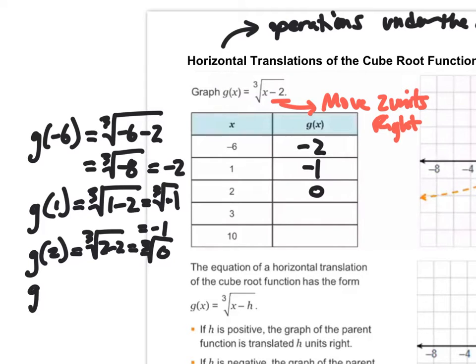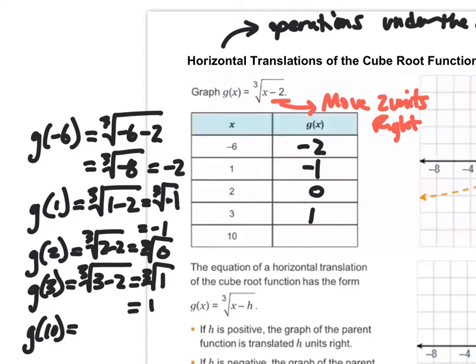If you do g of 3, then that's the cube root of 3 minus 2, which is the cube root of 1, which just gives you 1. If you do g of 10, cube root of 10 minus 2, which gives you the cube root of 8, which gives you 2.